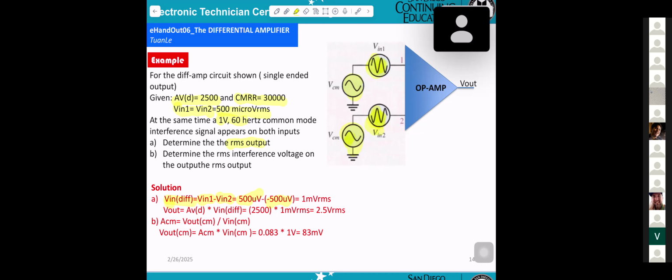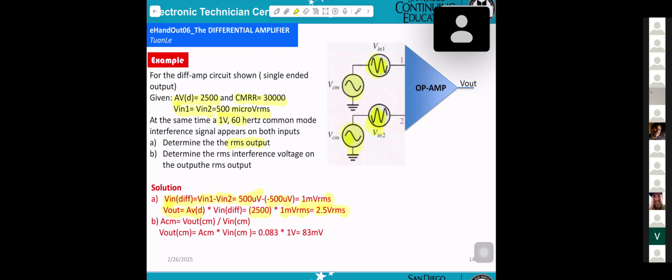One positive, the other one has to be negative. So that's why minus. You get 1 millivolt. V out equals AVD times V differential. So take that times 1 millivolt, you get 2.5.